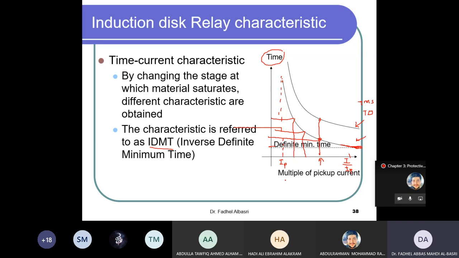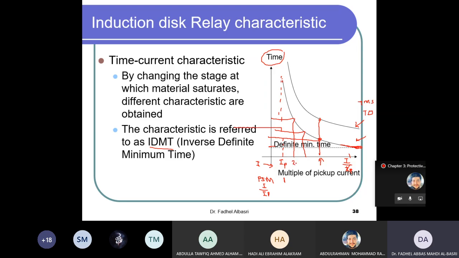So on this axis I have the plug setting multiplier, which is I over I pickup, the current divided by I pickup. If this is equal to I pickup, it means 1, right? So 1 means the pickup setting.